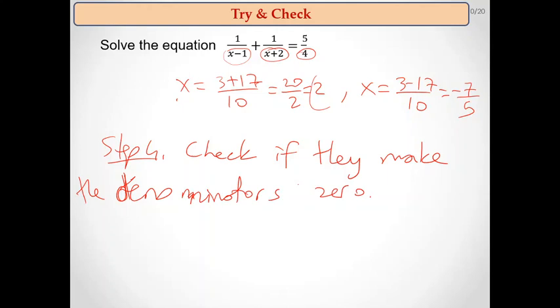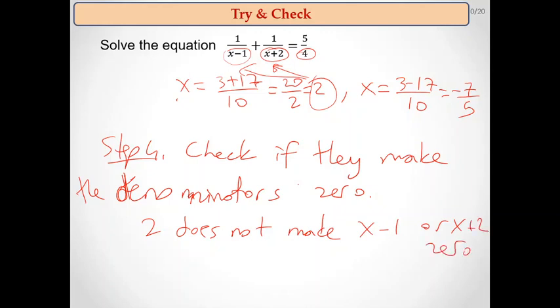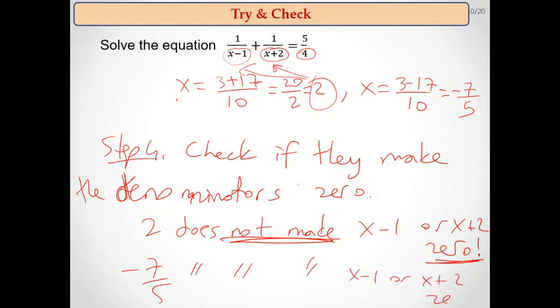Now, 2 obviously does not make x minus 1 or x plus 2 equal to 0. And negative 7 over 5 also does not make x minus 1 or x plus 2 equal to 0.